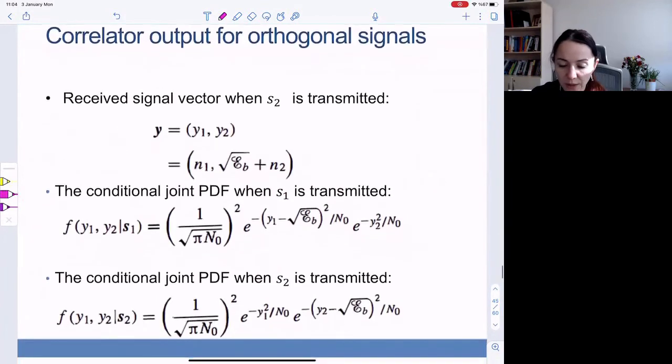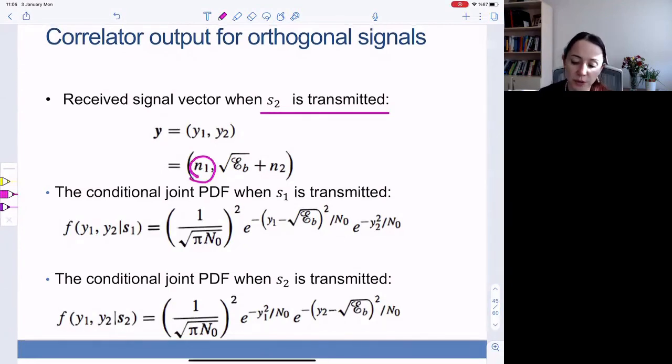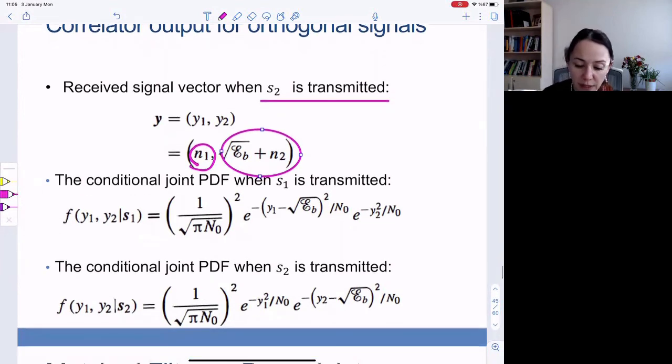Now, when S2 is transmitted, so far we were focusing on S1. When S2 is transmitted, the first correlator output is going to be simply noise. The second correlator output is going to be noise plus a scalar term, square root of EB. So now the conditional joint PDF of Y1 and Y2, what is that going to be? We already proved that the noise terms are independent, and the noise terms are the only thing that is random here.